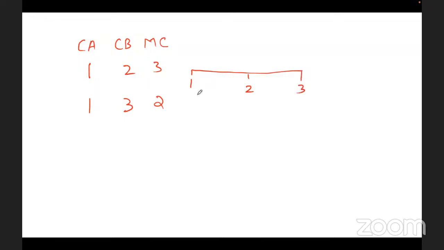Okay. So here, cat A is at 1. Cat B is at 2. And here is mouse C. So what my question is about, if the starting point of the cat A, cat B, like 2 cats and the mouse, is like this, who will win?